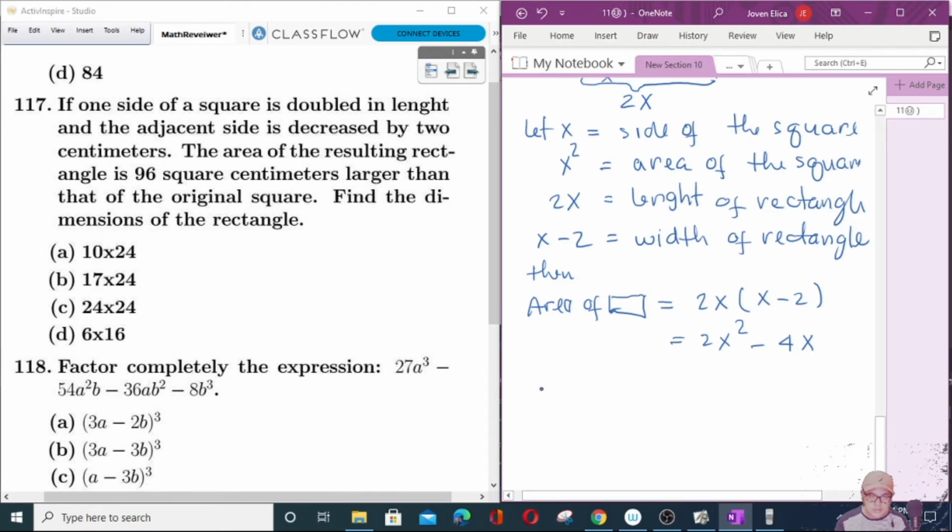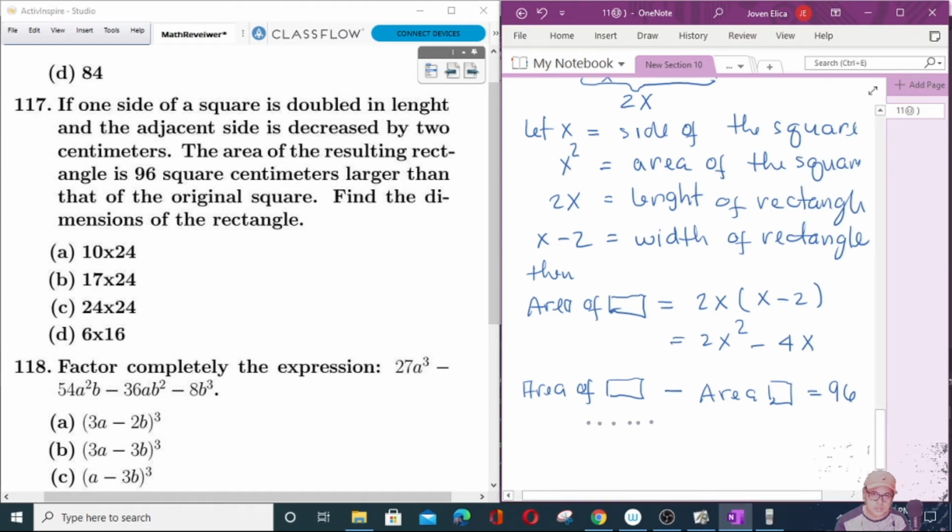So therefore, this is the difference: the area of the rectangle minus the area of the square is equal to 96 square centimeters.